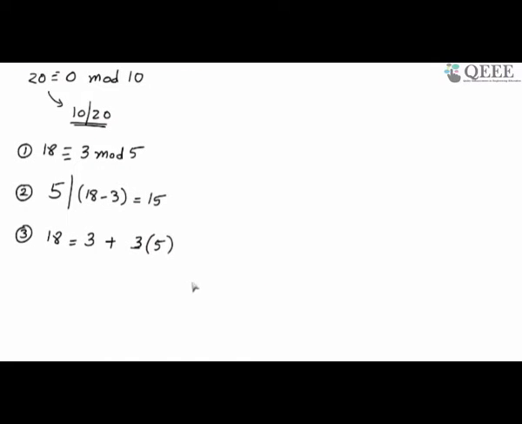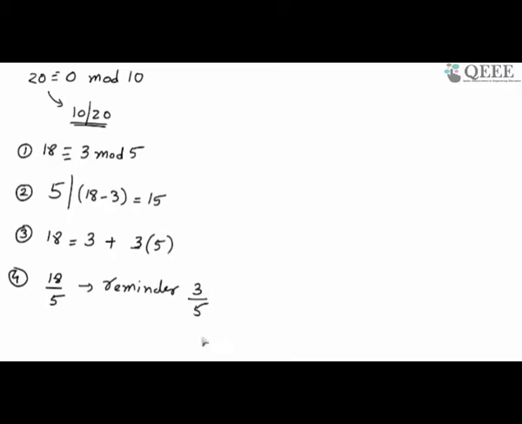And of course the definition is that when 18 is divided by 5, it leaves the same remainder R as when 3 is divided by 5. So the remainder of 18 divided by 5 is equal to that of 3 divided by 5.